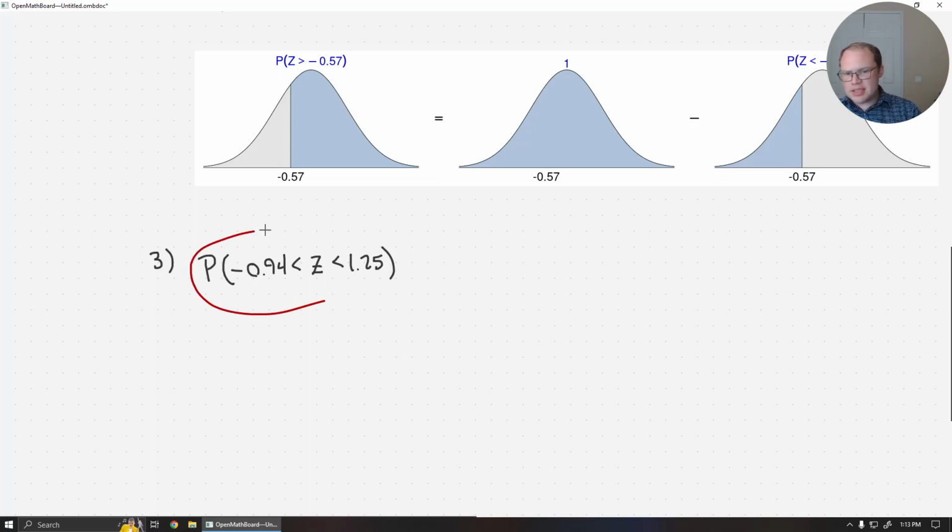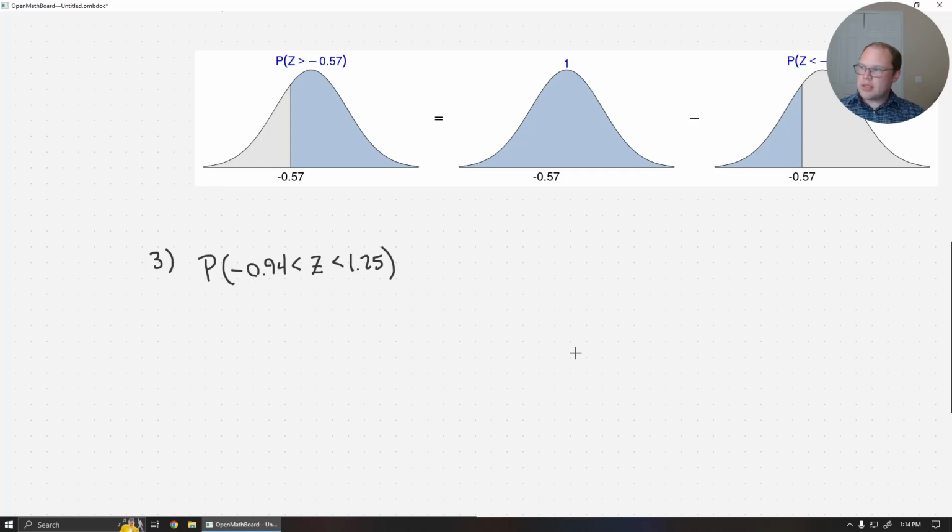Again, this is not a probability that we could directly calculate using the p-norm function. That p-norm function allows us to calculate the probability when just z is less than a value. Here it's not just that z is less than 1.25, but it's also bigger than negative 0.94. It's between the two values. So that makes this a little tricky.